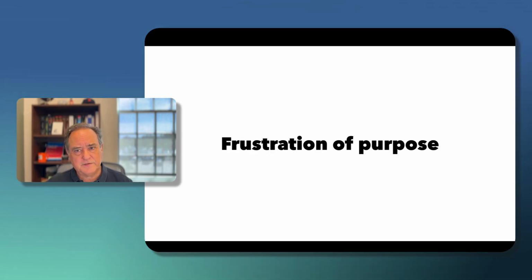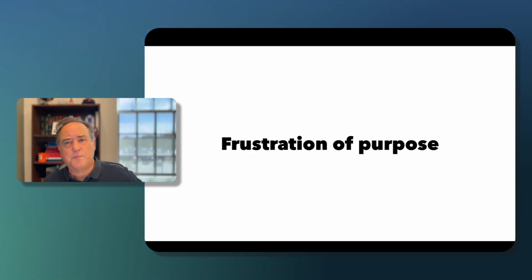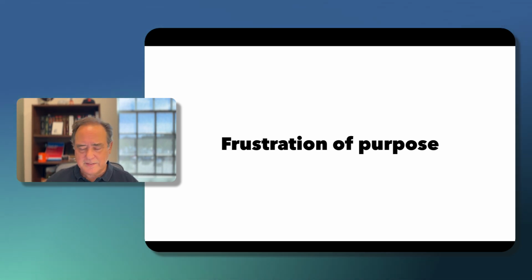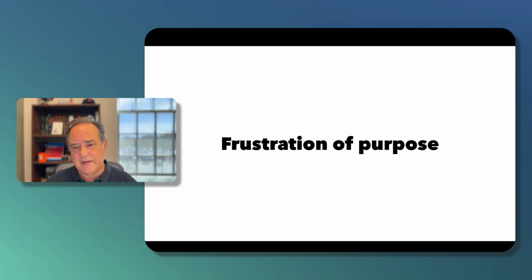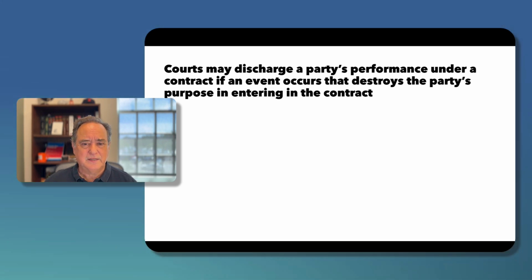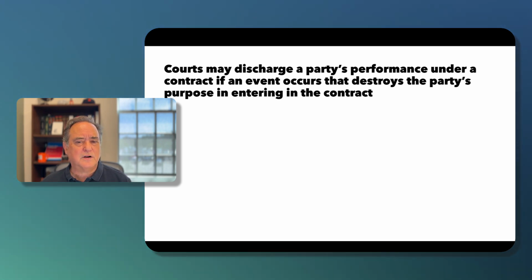The third means of terminating a contract by operation of law is what's known as frustration of purpose, and it is again closely related to impossibility and impracticability. In this case, the courts may discharge a party's performance under a contract if an event occurs that destroys the party's purpose in entering into the contract.